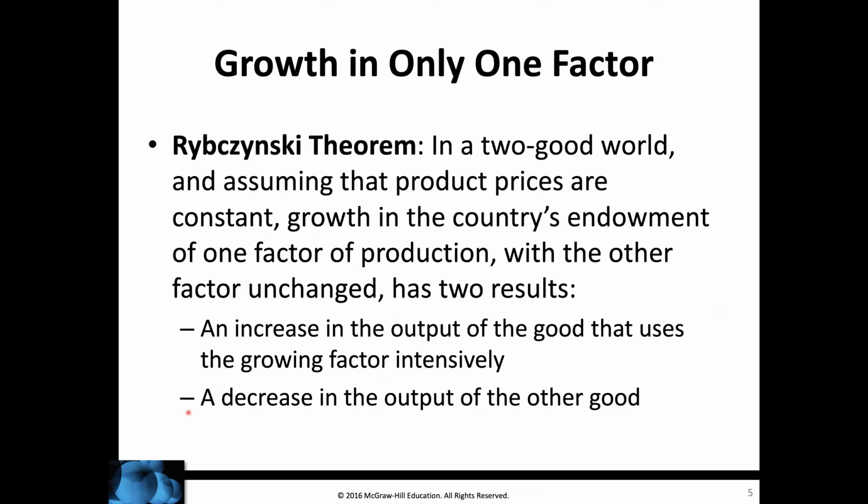And so if there is a change in one of those production factors, an increase of land, then we would expect an increase in the output of wheat, which uses the growing factor intensively. On the other hand, if we see a whole bunch of immigrants coming in and we have an increase in our production factors of labor, we might expect that cloth might be the one that would grow.